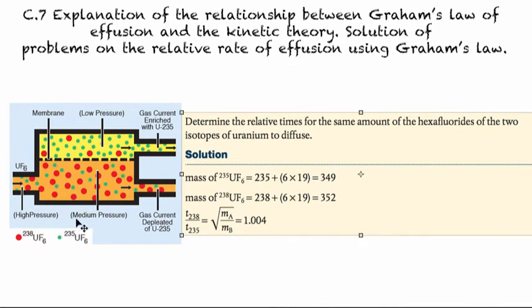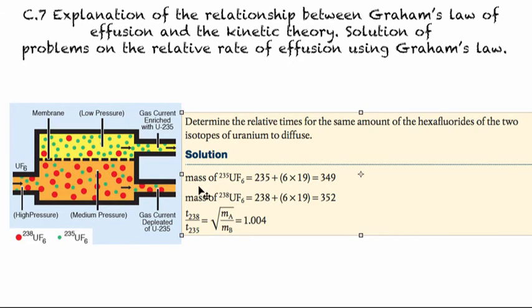And since 235 is lighter, it will effuse through the barrier faster, and we end up with one stream with more enriched uranium-235. So here we say: determine the relative times for the same amount of hexafluorides, which is what uranium is connected to in order to make it gaseous, of the two isotopes of uranium to diffuse.